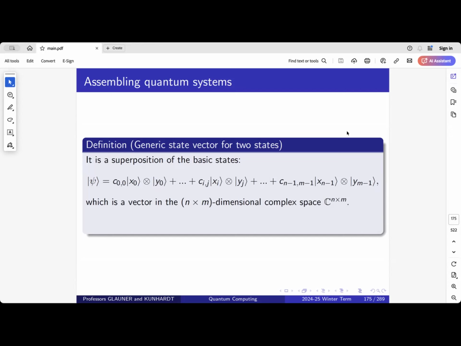I know that. And the question is, what is C00? It's not necessarily the product of the two amplitudes. It's just one amplitude in that state. Because if you have a state and the other state, we've seen before how we can assemble these systems and these transition probabilities.